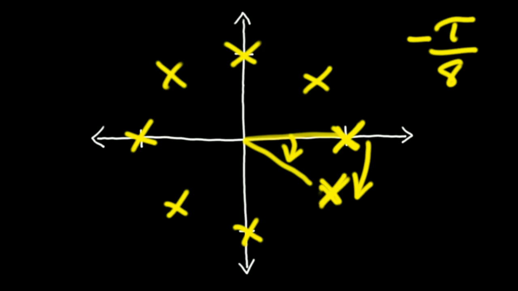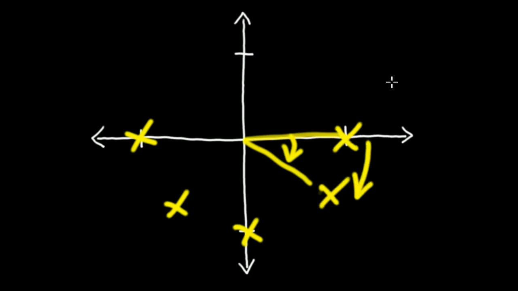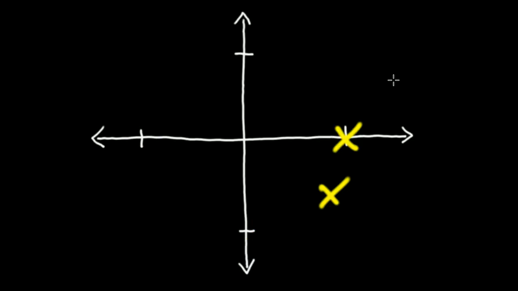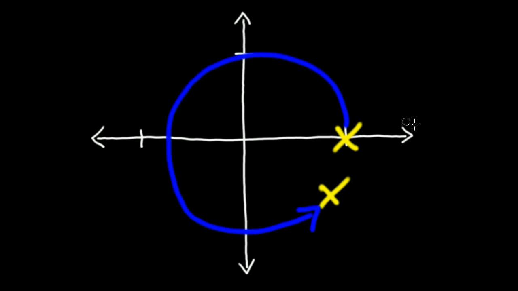But hang on a minute. How do we know that this signal is actually going around in the negative direction or the clockwise direction? Isn't it possible? Let's back up a minute here and look at those first 2 samples. Isn't it possible that this is a sample of a signal that actually progressed around this way 7/8 of a turn?